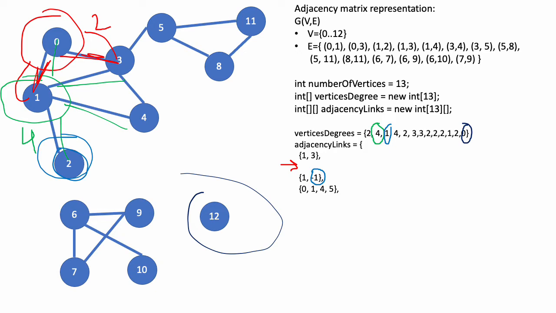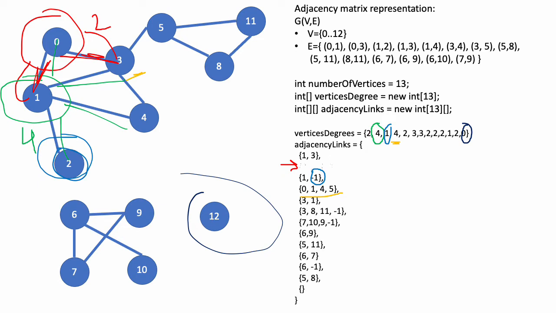Then we move to 3, and 3 has 4. Let's bring an orange. So 3, as you can see, has 4 elements, which will be 0, 1, 4, 5. And if you look in the graph, 0, 1, 4, 5 are the 4 elements for 3.